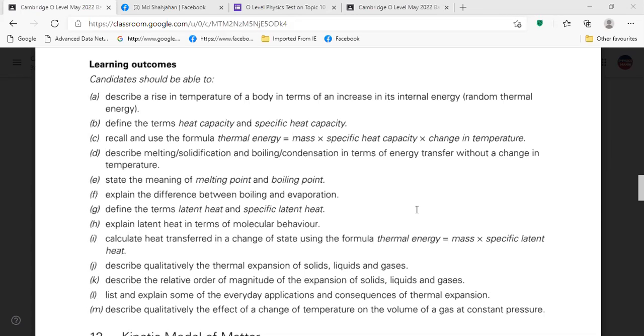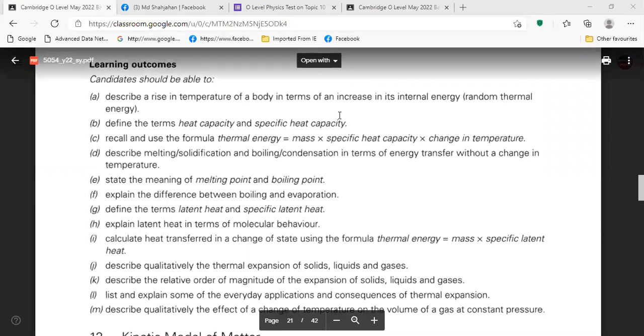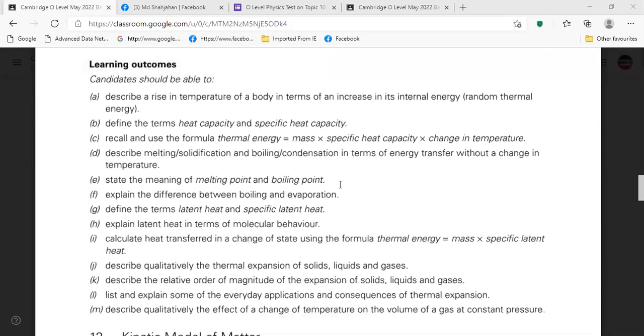Okay, now we are going to discuss specific heat capacity. We had a little bit of discussion about heat capacity and specific heat capacity last week. Specific heat capacity is related to heat capacity. The difference is that when we are dealing with heat capacity, we are thinking about the whole object, like a 5 kg block of wood.